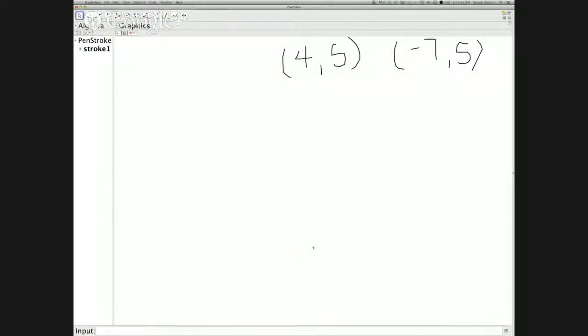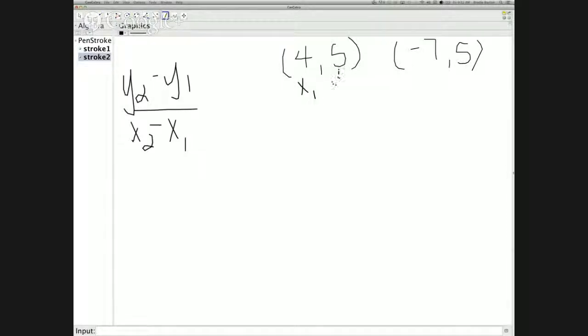Since I'm doing it all algebraically, I'll even use the slope formula, which is y2 minus y1 over x2 minus x1. This we're going to call x1, this we're going to call y1, this we're going to call x2, this we're going to call y2.